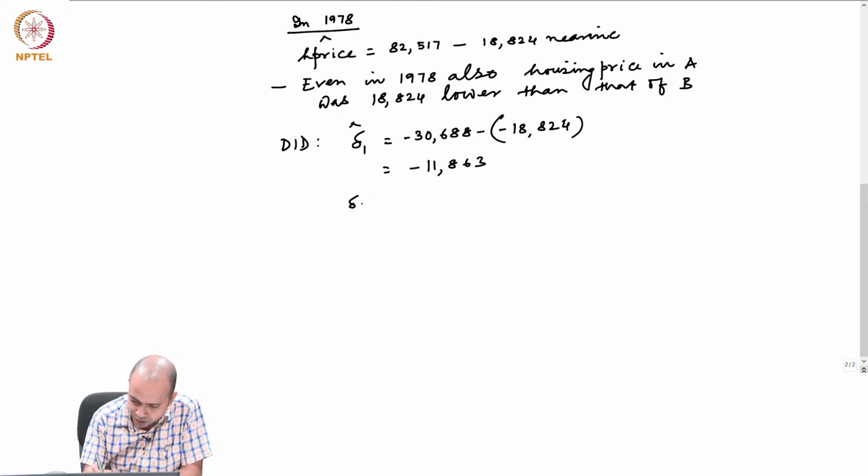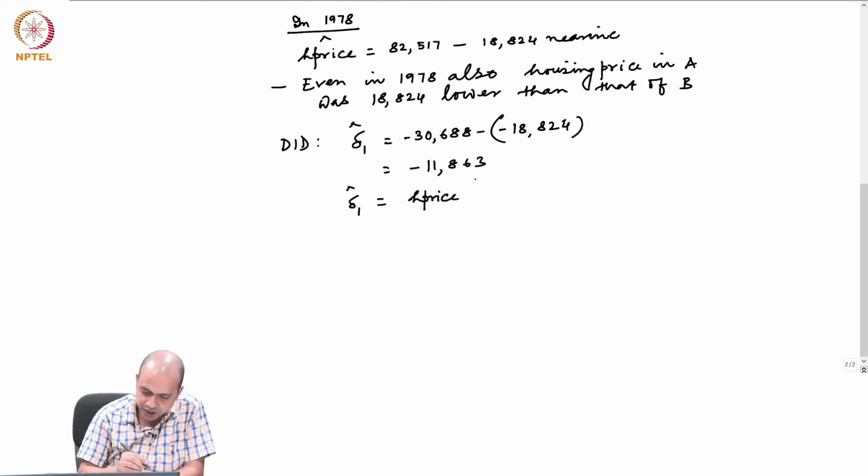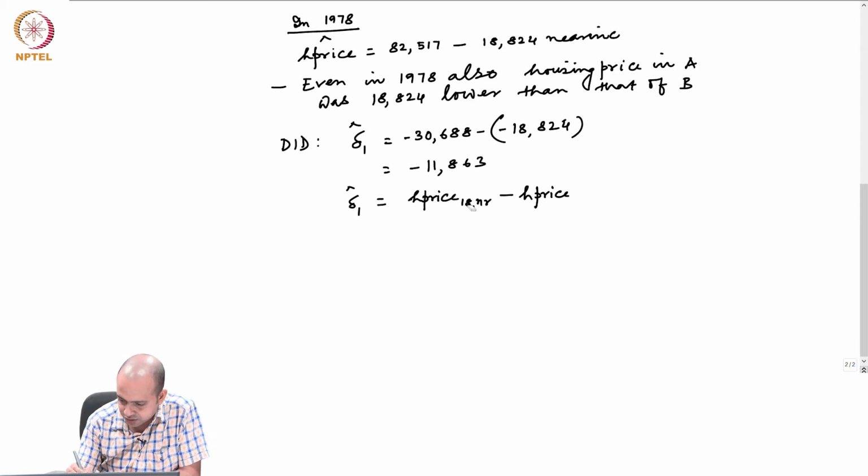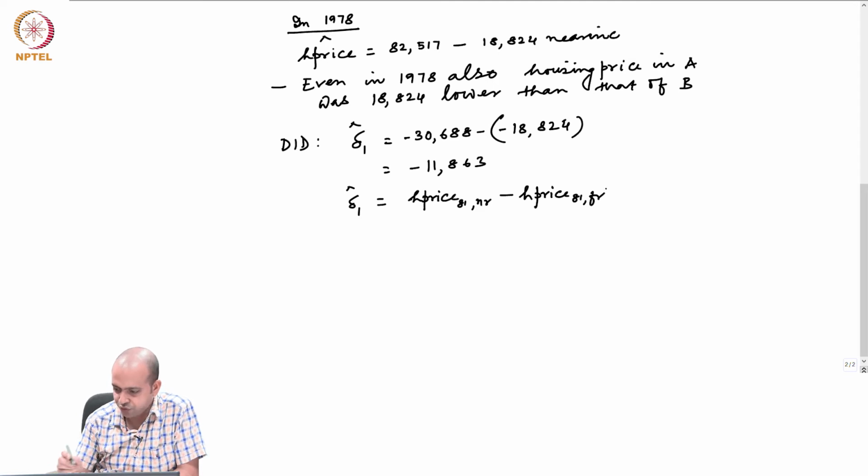This delta 1 hat is basically the housing price in 81, near housing price in, sorry, this is not 18, this is 81, and let us say far away.